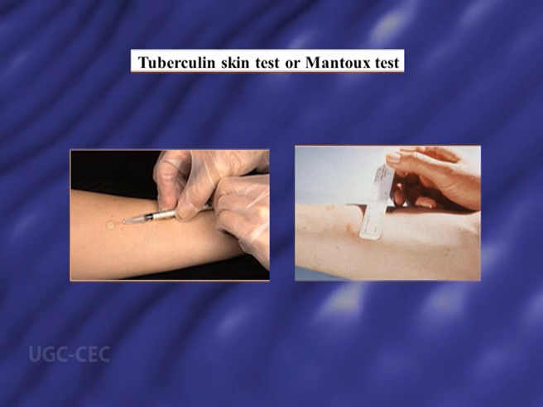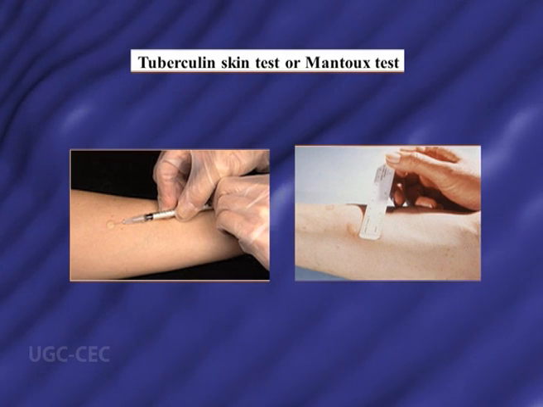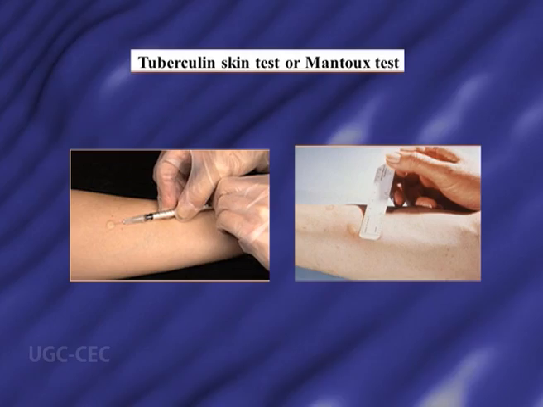A very common delayed type hypersensitivity test is called the tuberculin skin test or Mantoux test, where a protein derivative from the cell wall of Mycobacterium tuberculosis is injected under the skin. If that individual is sensitive to Mycobacterium, then he will have sensitized Th1 cells. Those Th1 cells will rush to that area, macrophages will come, and a swelling will occur. By measuring the diameter of the swelling, it can be said whether the Mantoux test is positive or negative.